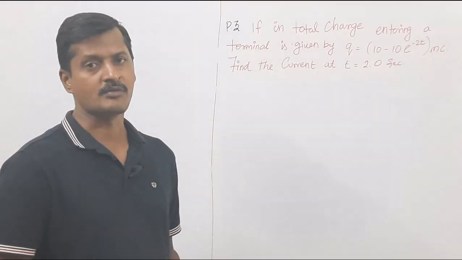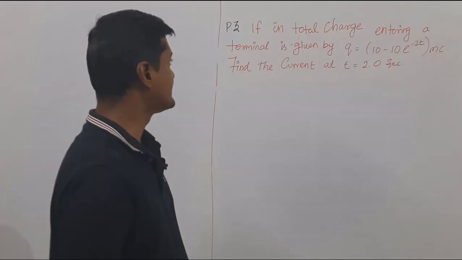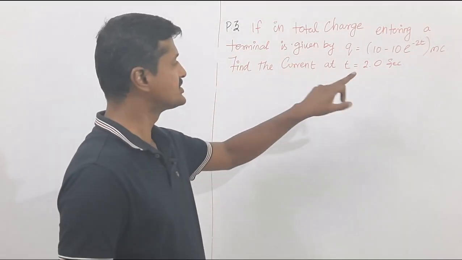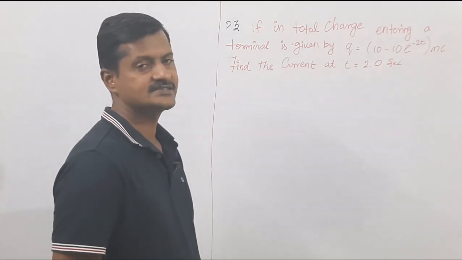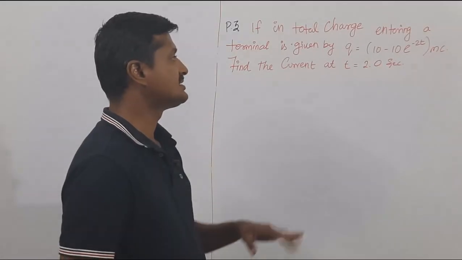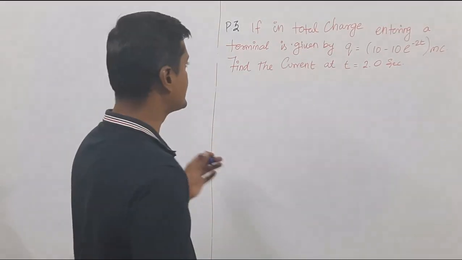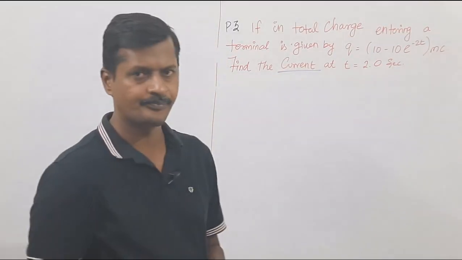Next we move to problem number 3. If the total charge entering a terminal is given by q equal to 10 minus 10 e power minus 2t millicoulombs, find the current at t equal to 2 seconds. So we need to find the value of current.